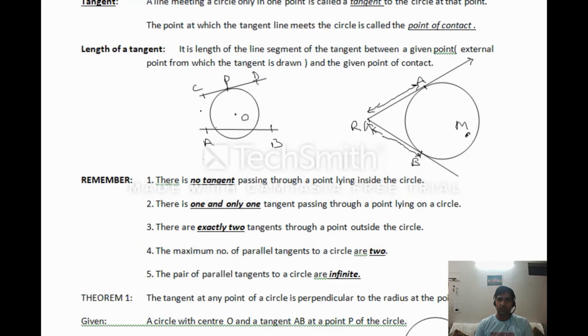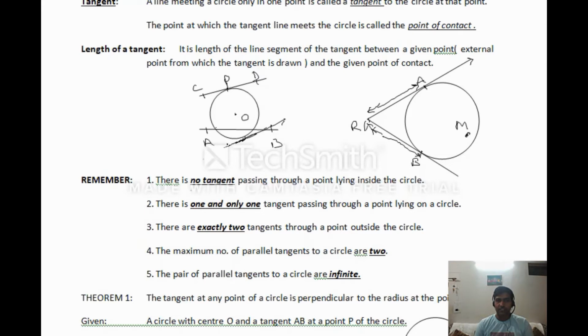You try to draw, but all of these become secants, but there may be one more tangent which is parallel to this given tangent. You can try with this. So there are exactly two tangents.